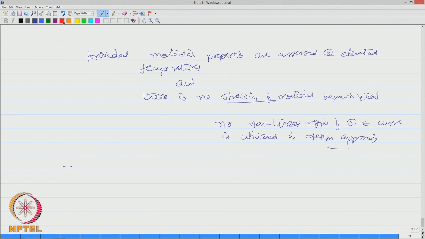But please note that the yield strength used in fire limit state is related to property at elevated temperature.